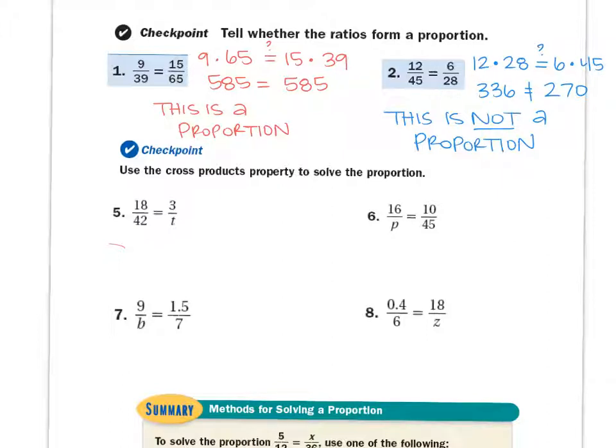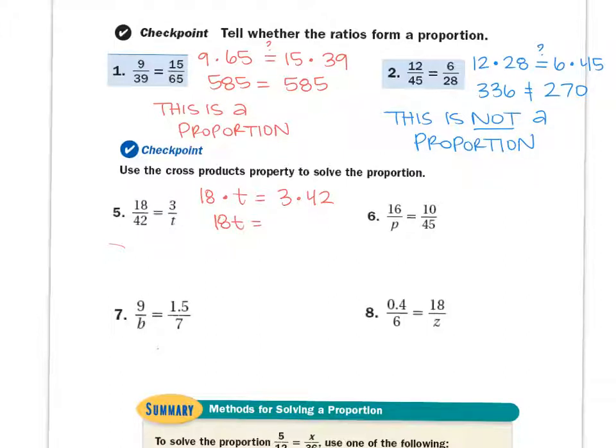In order for these two ratios to be a proportion, we know that their cross products must be equal. Therefore, we know that 18 times t has to equal 3 times 42 in order for these two ratios to be equal. Well, now we're just going to treat this exactly like an equation, guys.